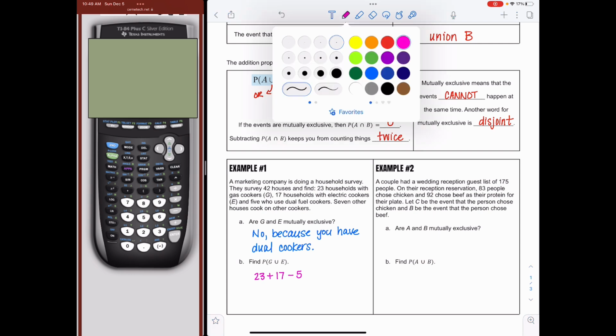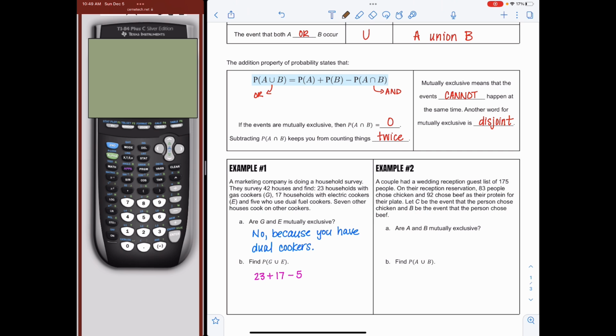And you could verify that, to be honest, by drawing a Venn diagram. So I'm going to draw a small Venn diagram here. So we have gas and then we have electric. We always start in the middle, so we already know we have 5 that are dual. 17 households with electric cookers.